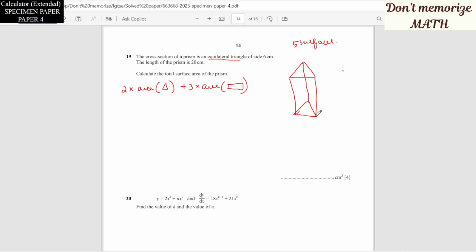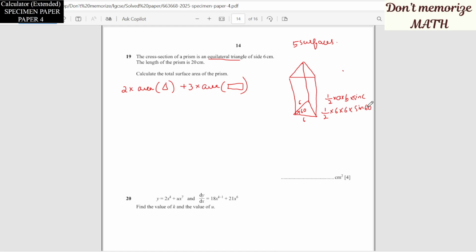This is an equilateral triangle. In an equilateral triangle all the sides are equal and all the angles will be equal, and it will be 60 degree. So you can just take the angle as 60 degree. The side is already given, so the side is 6. It is not a right angle triangle, so you cannot use half bh. You have to use half ab sine C. So half times 6 times 6 times sine 60, because it is an equilateral triangle.